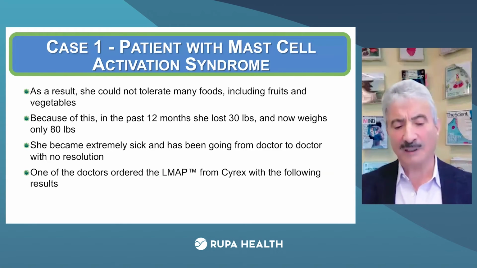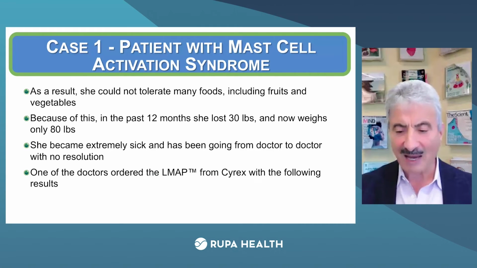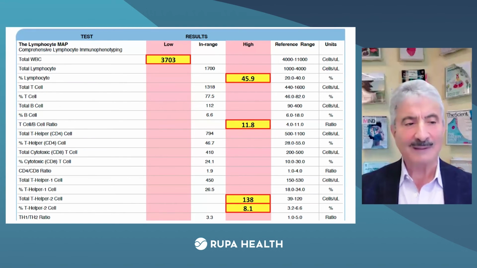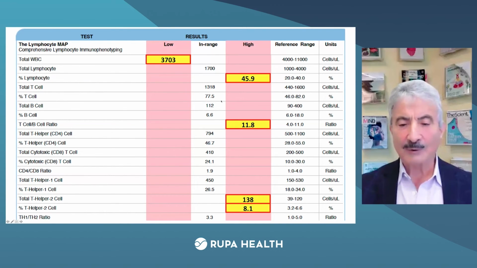So finally, one of the doctors ordered LMAP, lymphocyte map, from Cyrex, and the following abnormalities were detected. Number 1, low white blood cell count. Number 2, high percent lymphocyte. Relatively high T cell, and therefore that results in a high T and B cell ratio.